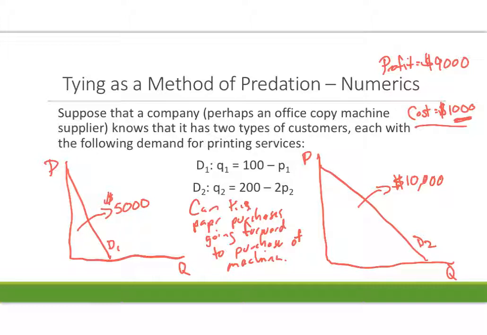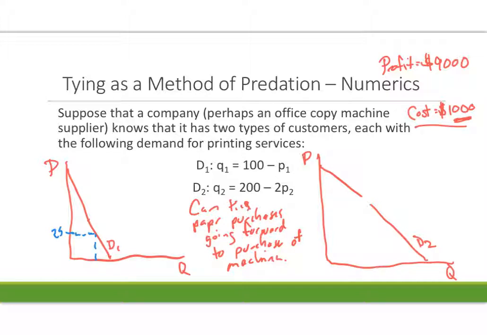So let me see if I can easily erase some of this stuff. Okay, so that it doesn't get confusing and too crowded, let's get rid of this. Okay, so what they're going to do is they're going to charge a price of $25 for paper.